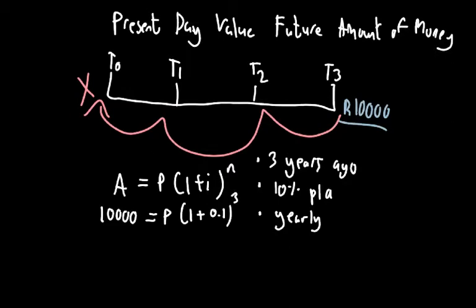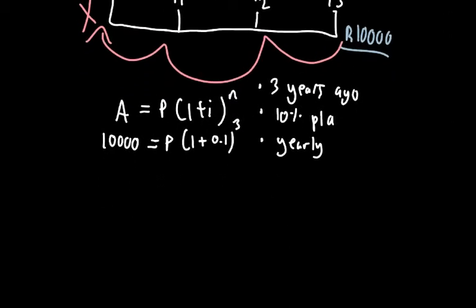So how do we now find P? Well, all we need to do is rearrange this formula. So if we do that, you can imagine, all I do is I bring across 1 plus 0.1, which is 1.1, to the power of 3, and if we put that into our calculators, we get 7513.148009.